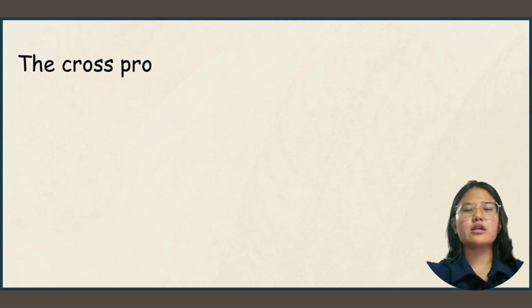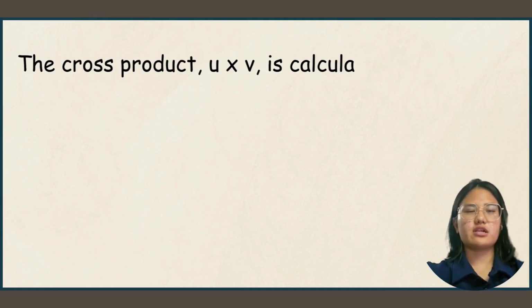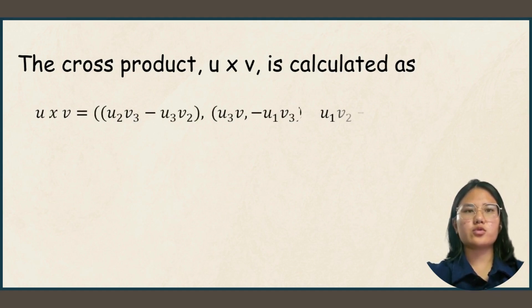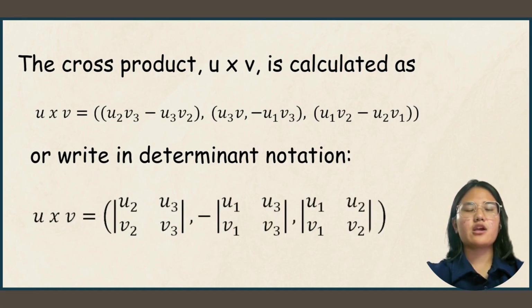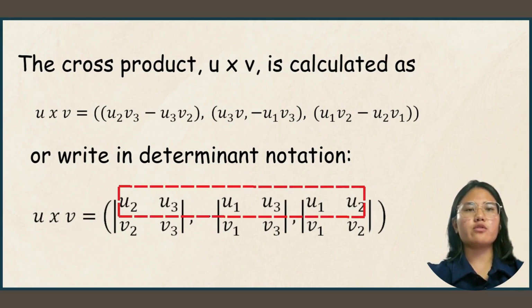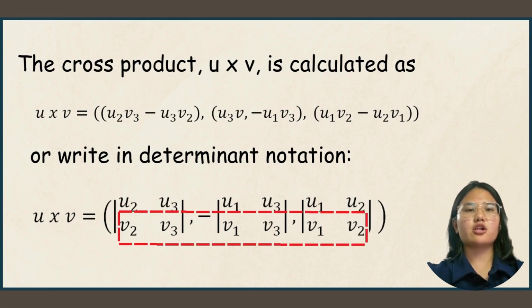The cross product u times v is calculated as u times v equals u2 v3 minus u3 v2, u3 v1 minus u1 v3, u1 v2 minus u2 v1, or written in determinant notation like this. From the 2 times 2 determinants, where the first row contains the components of u, and the second row contains the components of v.